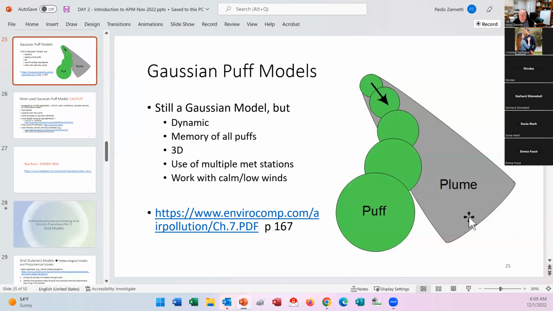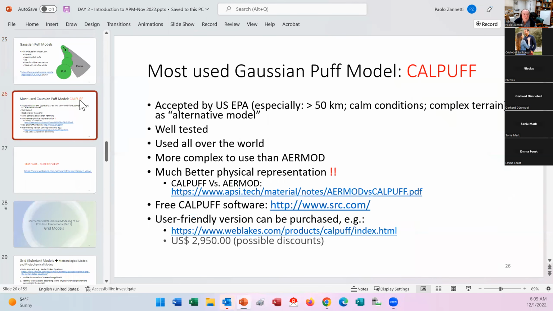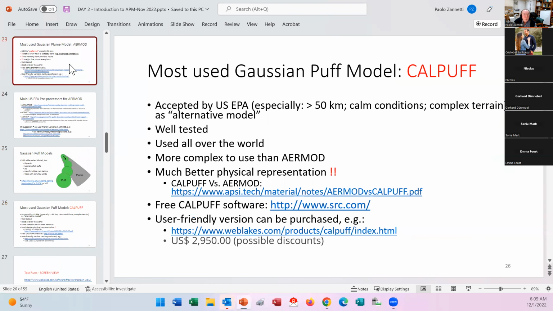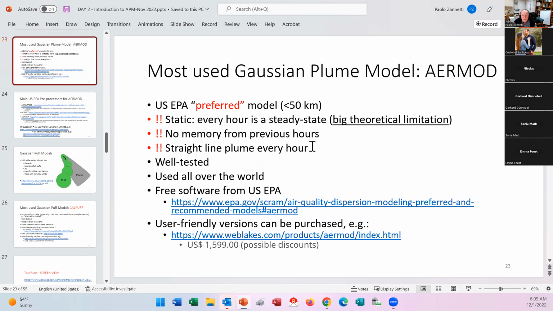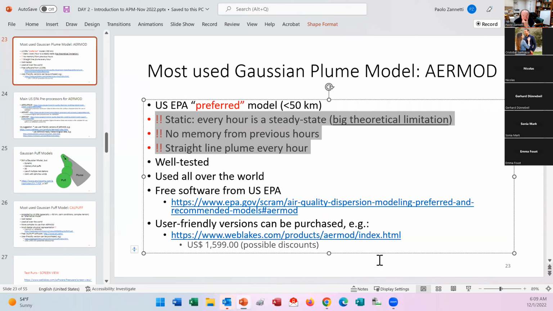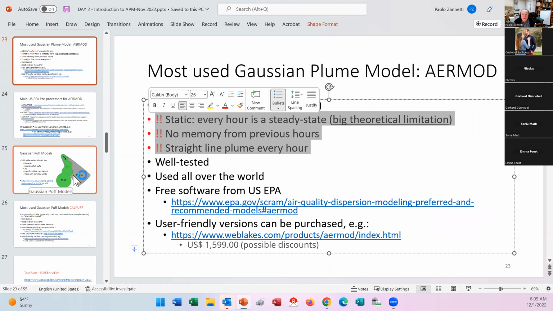It was an empirical approach. It worked relatively well. It has many theoretical limitations, but again, it worked relatively well. And then we started thinking about how we can remove these major limitations of the Gaussian plume model. And the next step was the puff.